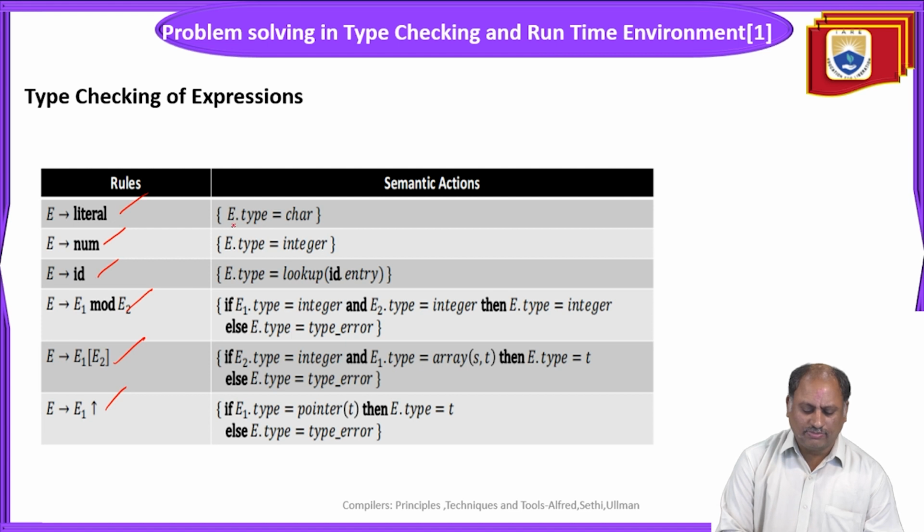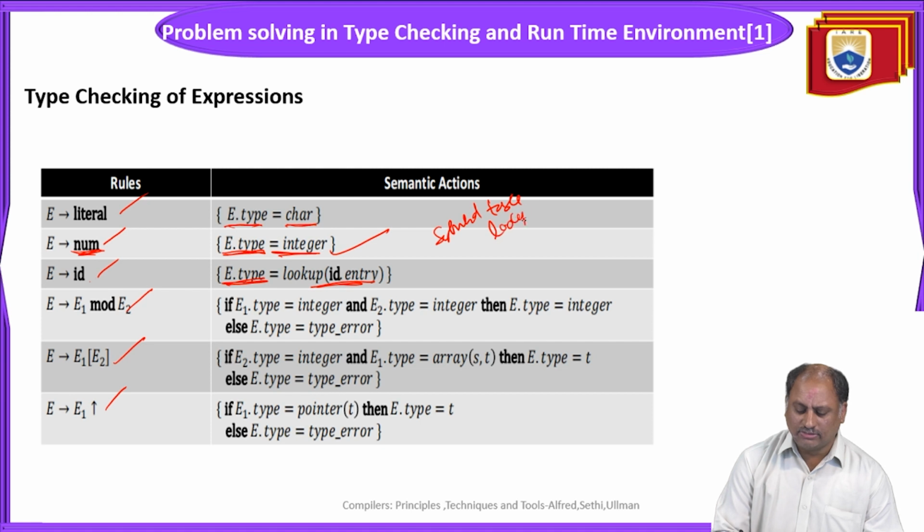Suppose if it is a literal, what is the type of E, does it match with character or not? In the second case, the type is integer because it is declared as a num, so it is verified with the integer. The third one is E derives ID, that means the type of expression E is equivalent to the identifier. So the identifier is to be verified in the symbol table. From the symbol table we are going to use a method called the lookup method.